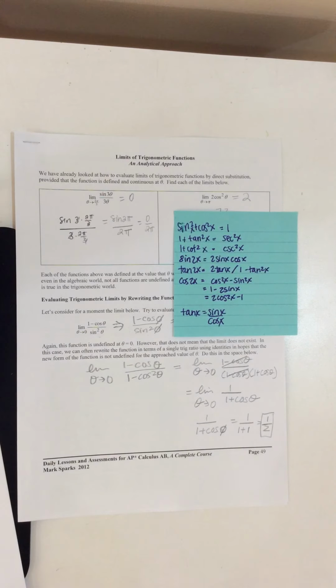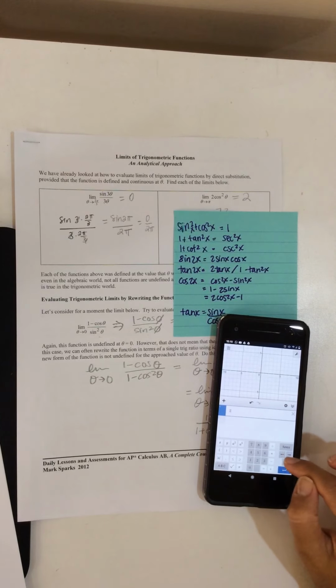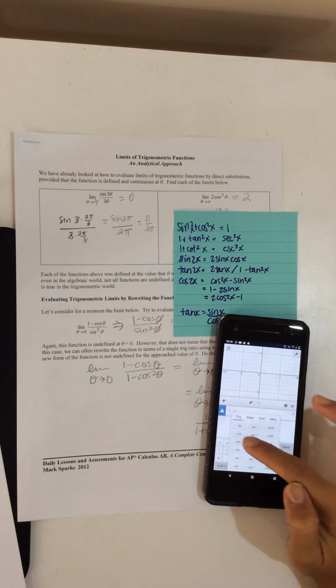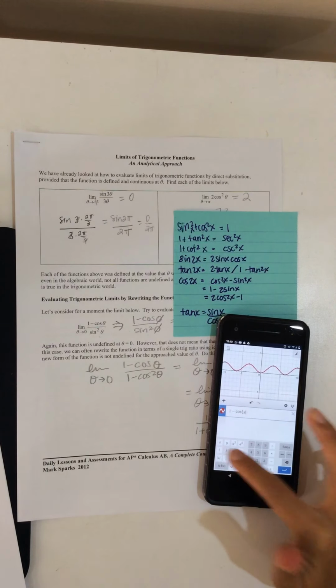So I'm going to pull up Desmos. See how fast this works on this calculator if I can type this in. Let's type in this function. 1 minus cosine of, I'm just going to put x, so I don't have to find theta.